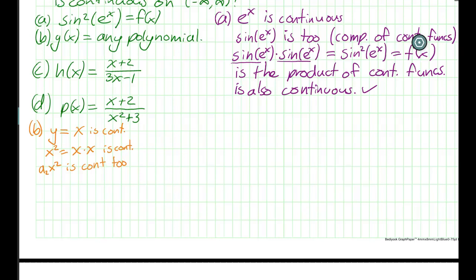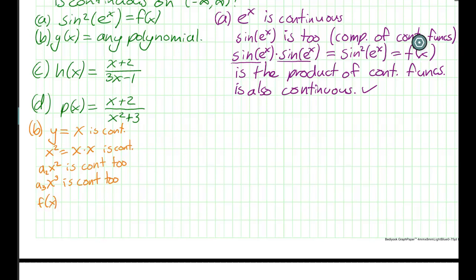So for the same reason, if you do some constant a3 times x cubed, that's just a constant times x squared, which you know is continuous, times x, and x squared times x must be continuous because they're both continuous functions. So you can keep applying the same logic to build up any old polynomial you want.